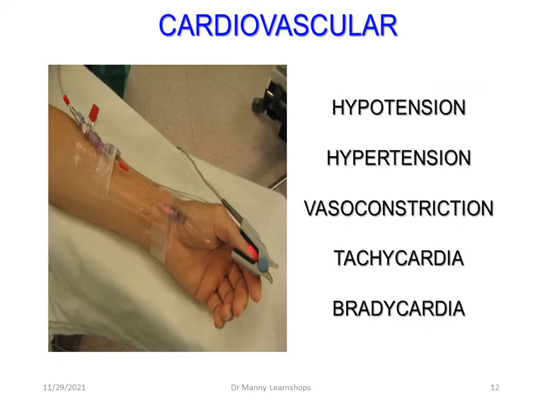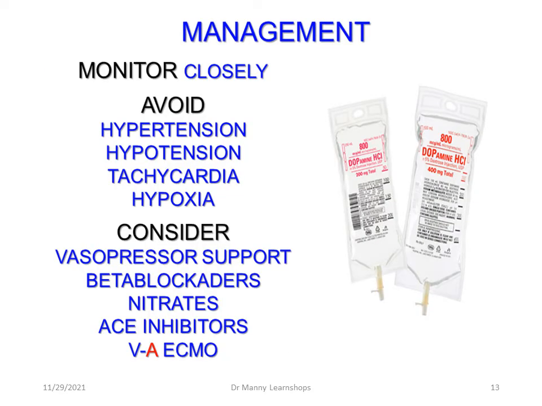When it comes to the cardiovascular component, you can look at things like hypotension, hypertension, vasoconstriction, tachycardia, bradycardia. Management: monitoring closely and avoid hypertension, tachycardia, bradycardia, hypoxemia, and consider, if necessary, vasopressor support, which you already will have with your ECMO patient, such as epinephrine, norepinephrine, dopamine, dobutamine, and so on.